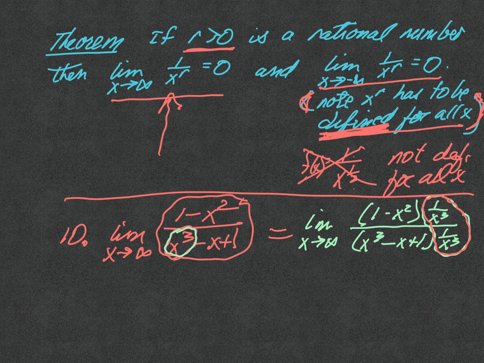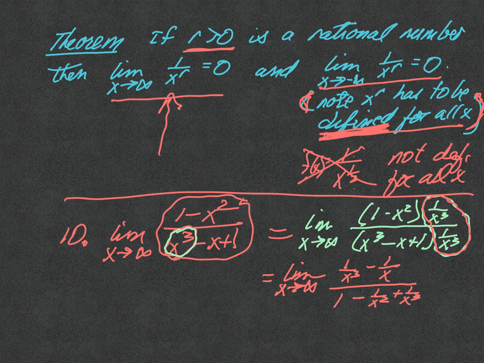And so when I do that, this changes the form. It becomes the limit as x approaches infinity of 1 over x cubed minus 1 over x, divided by 1 minus 1 over x squared plus 1 over x cubed.